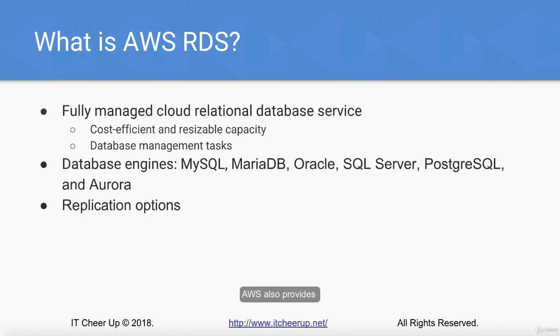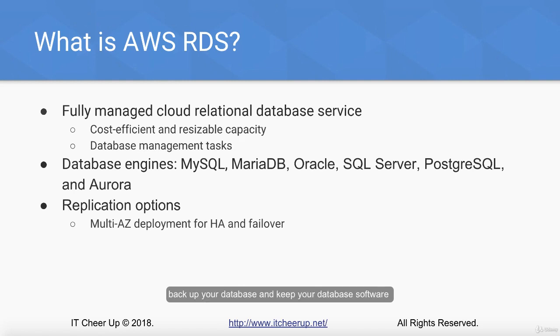AWS also provides Data Migration Service (DMS) for you to migrate your on-premise databases into AWS Cloud. RDS can automatically back up your database and keep your database software up to date with the latest version.